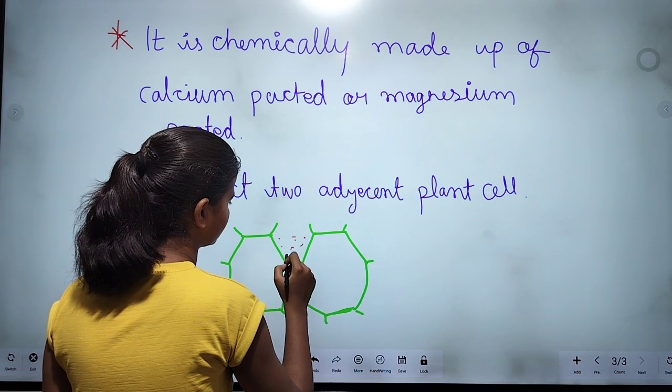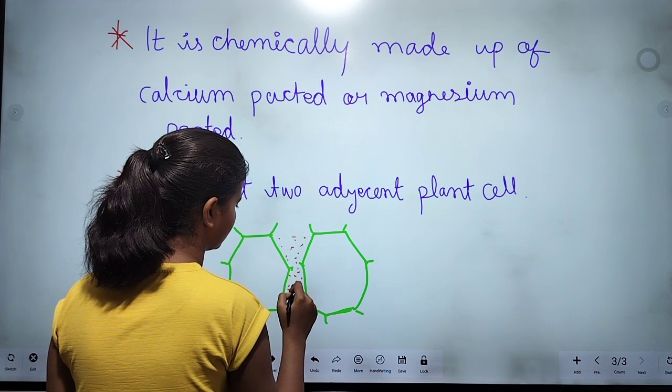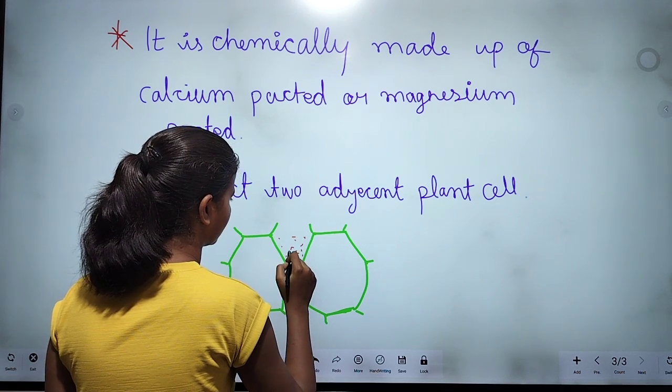Between them, this one is our middle lamella. It helps to attach two cells.